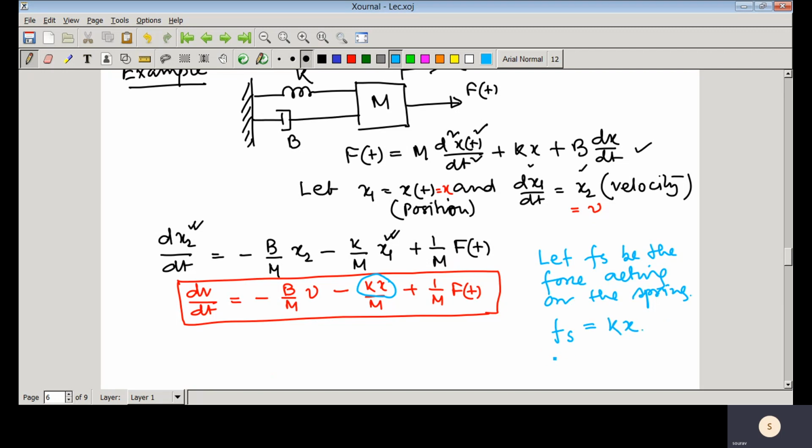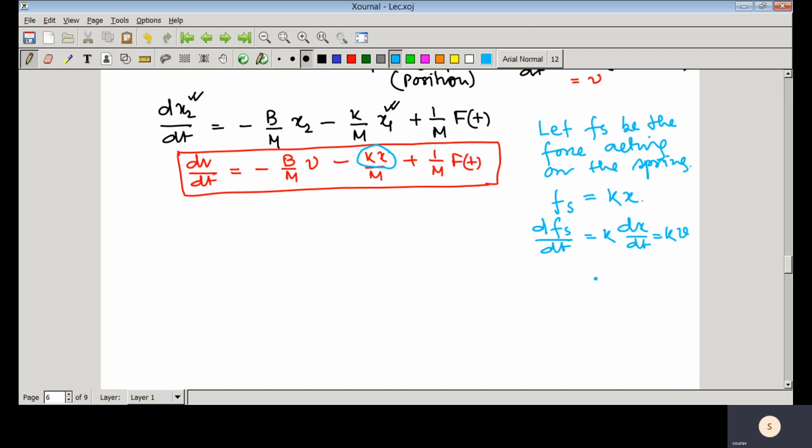Now if you take the derivative of that, dFs by dt, then you have k dx by dt. So this equals k into v, because dx by dt equals velocity. Then if we take k to the left, 1 by k dFs by dt equals v.